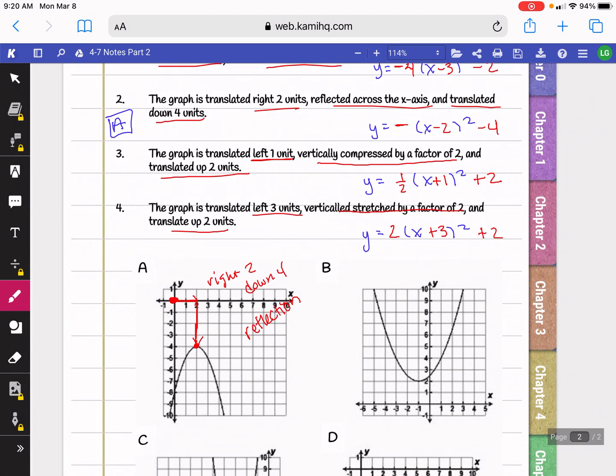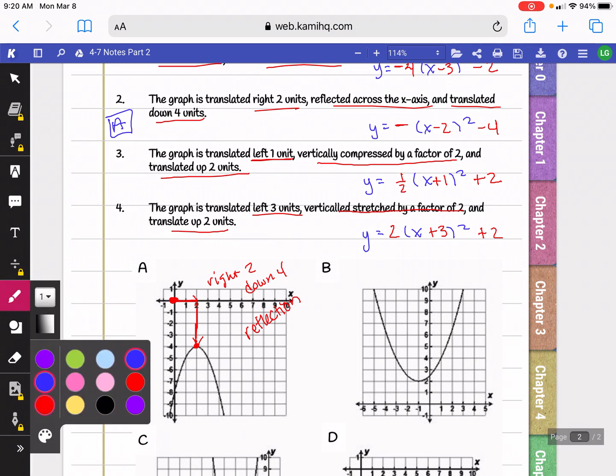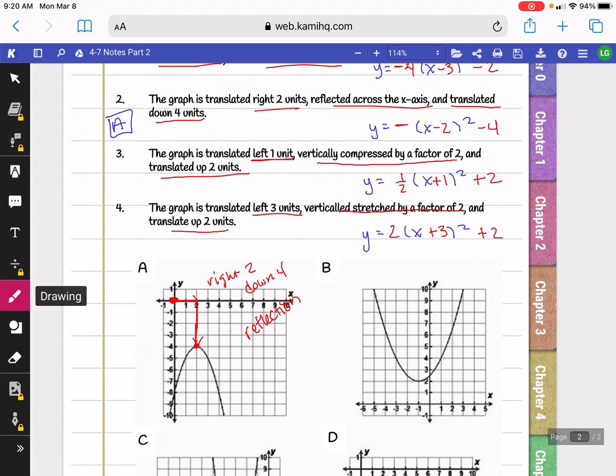Let's go ahead and look at graph B. So on graph B, I'm going to start by locating how they got to the vertex. Here you can see they move left 1. And then they move up 2. This one doesn't have a reflection, but let's just try to look at the A as well. If you look, when this one goes across 1, like to the right one, it's only moved up 1/2.